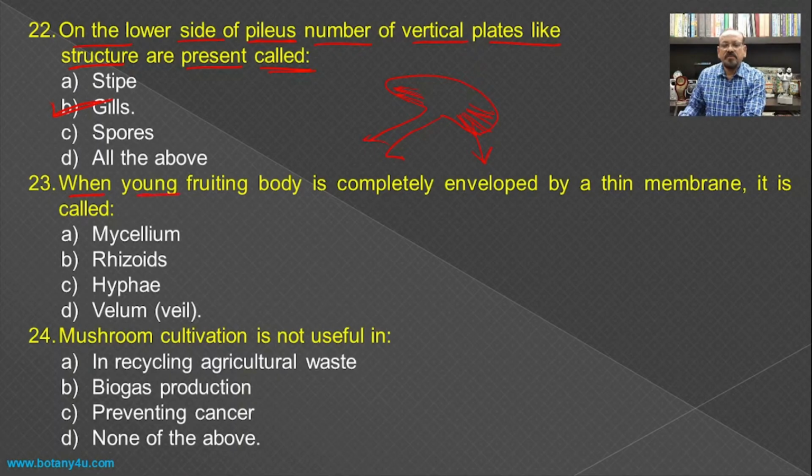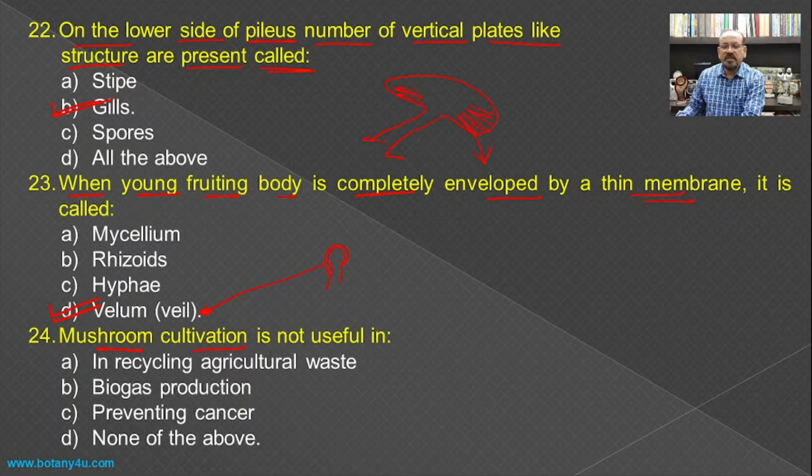When the young fruiting body is completely covered by a thin membrane, it is called as. If the mushroom head or the fruiting body is young, it is covered with a thin membrane, and such a thin membrane covering the fruiting body is known as the velum or veil, and hence D will be the correct answer for this question.